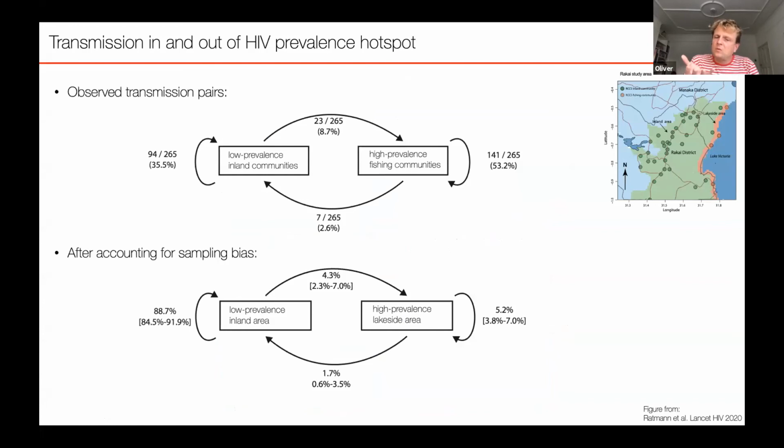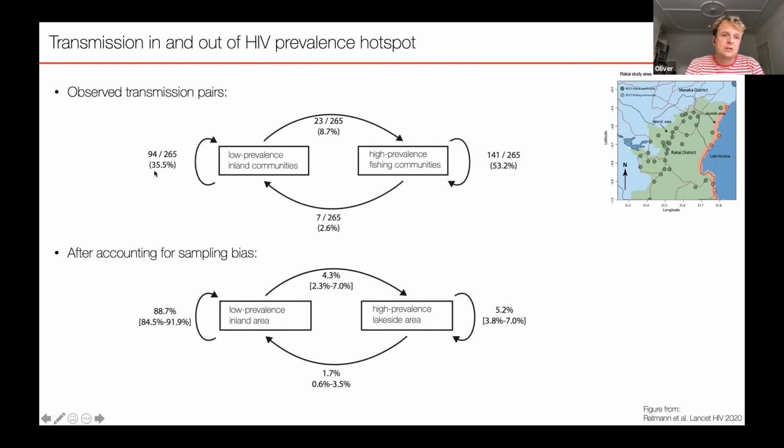So with our best attempts, when we tried to adjust for these sampling biases with the method that is in the Lancet HIV paper, just to give you the sensitivity of what impact that has on our estimates: after adjusting for the fact that we do not have all communities in the survey in the green inland area, we estimated 88.7% of transmissions occur in the inland area.